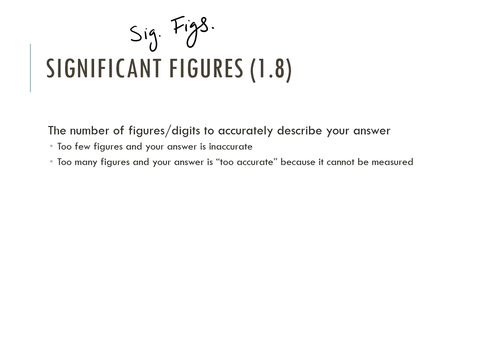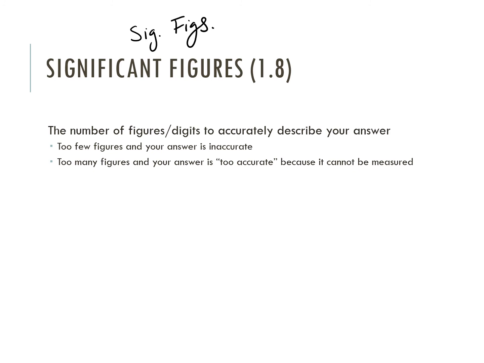Now I could do the exact opposite, where I can have too many figures. So let's say I wanted to tell you my age, but I gave it to you in the exact number of seconds old I was. It's measurable. It means something. It's accurate. It tells you exactly how old I am. But it's just not helpful.